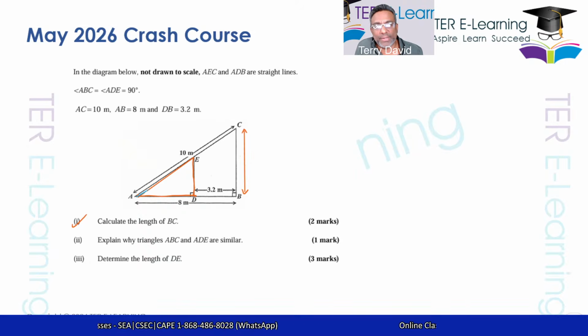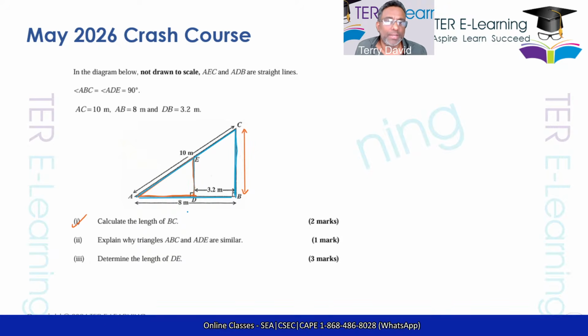So this triangle here, the one going all the way around, is what it's similar to. So if the question wants me to work out the length BC, this length BC has to be related to this length ED here. Okay, let's see what lengths I can use.